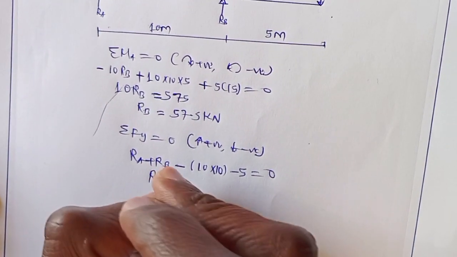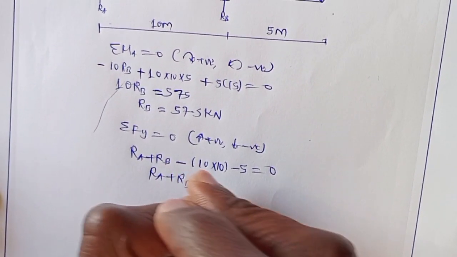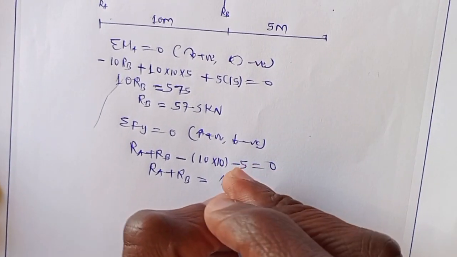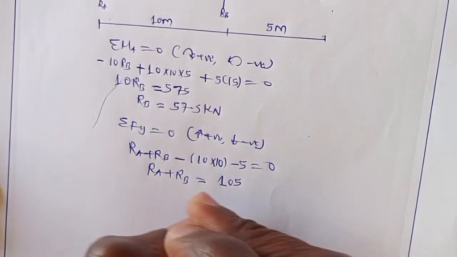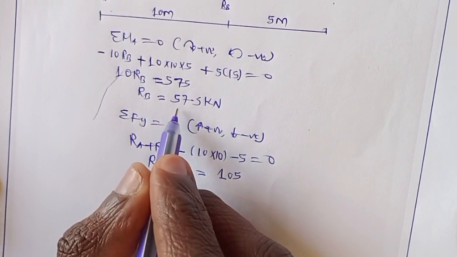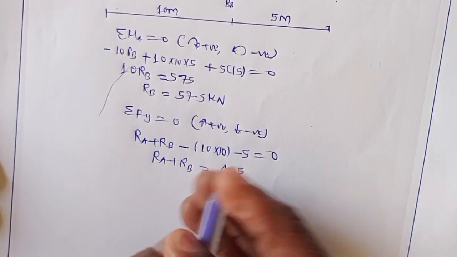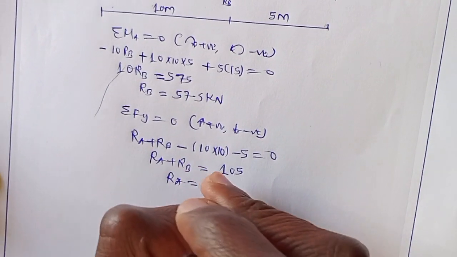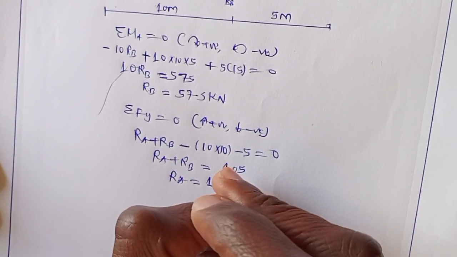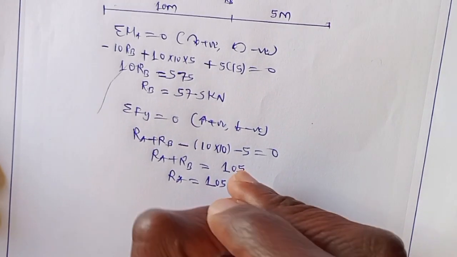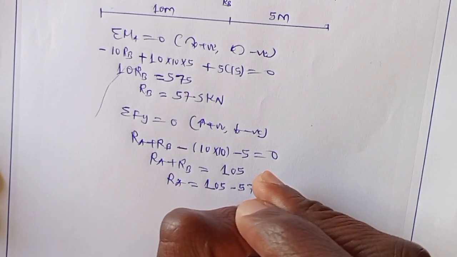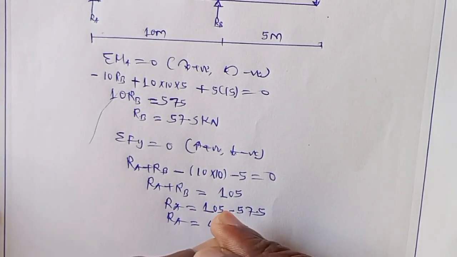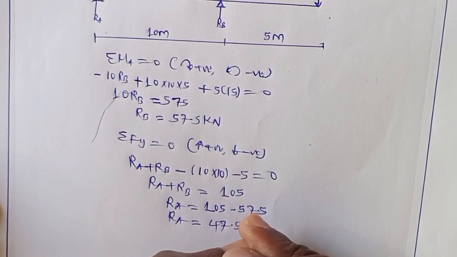So RA plus RB will be 105 kilonewton. RB we have calculated, which is 57.5 kilonewton. So RA will be 105 minus 57.5. RA will be 47.5 kilonewton.